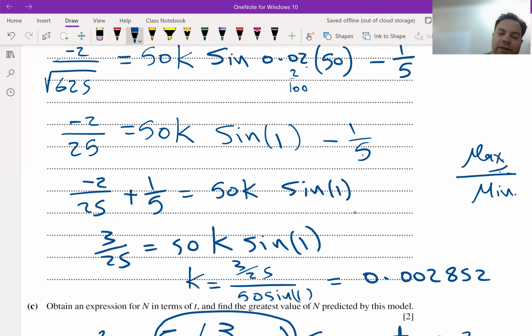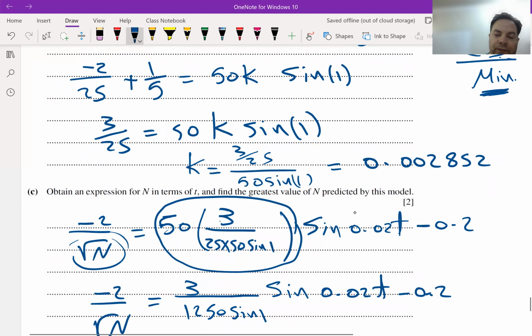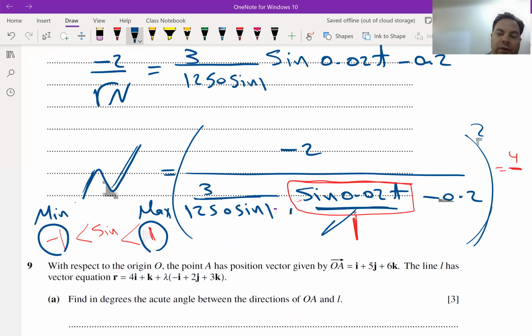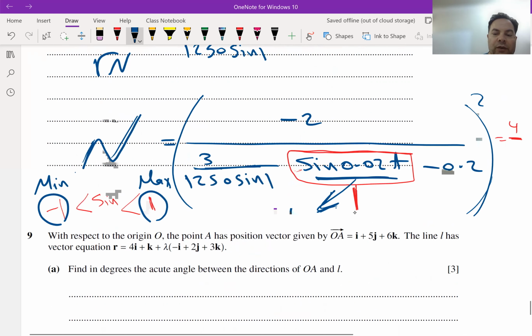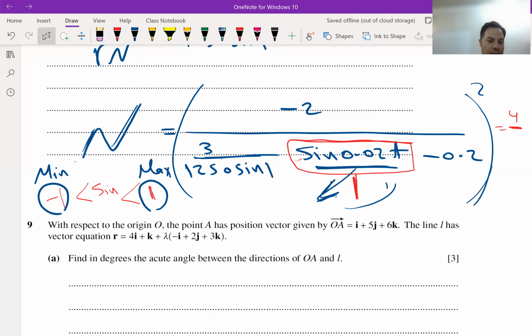But the constant -2 is constant, so I need this value to be minimum. To get the denominator to be minimum, we use this part to be maximum. So the maximum value of sine 0.02t will be 1. We'll calculate this part, then divide: the fraction 3 divided by 1250 multiplied by sine 1, then minus 0.2. So the answer will be negative.